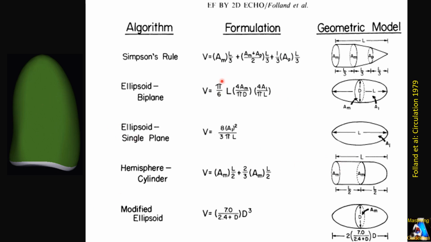As you can see here, we have the Simpson rule, ellipsoid biplane, ellipsoid, and so on. But the one technique that has been approved and recommended by all committees of echocardiography in all societies is modified Simpson.